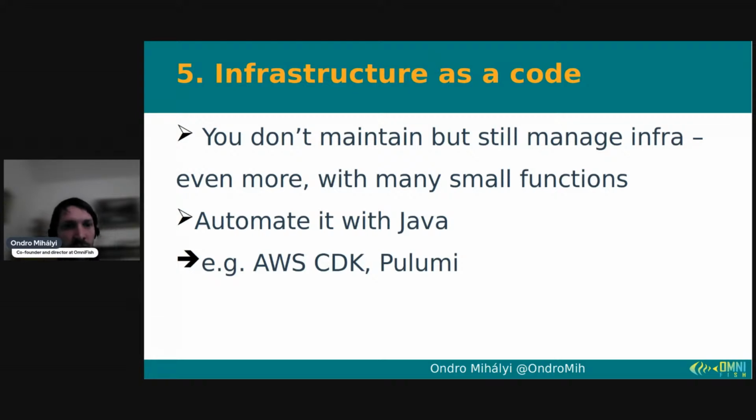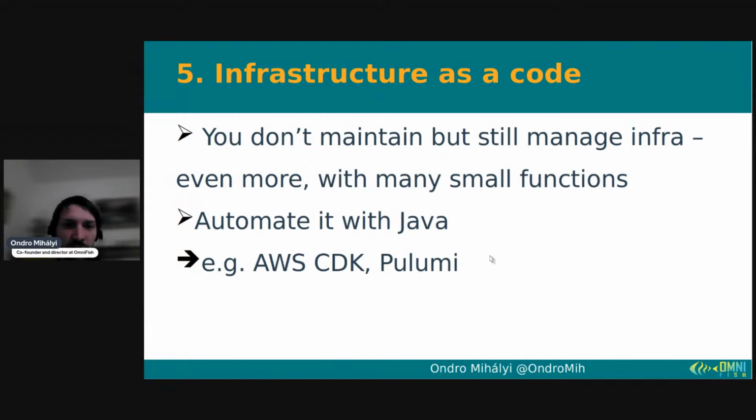And everything can be just one Java object if you create it in your code and instantiate it when you call the CDK. It will create everything. So in that case, you can have maintainable code that creates and represents your infrastructure.